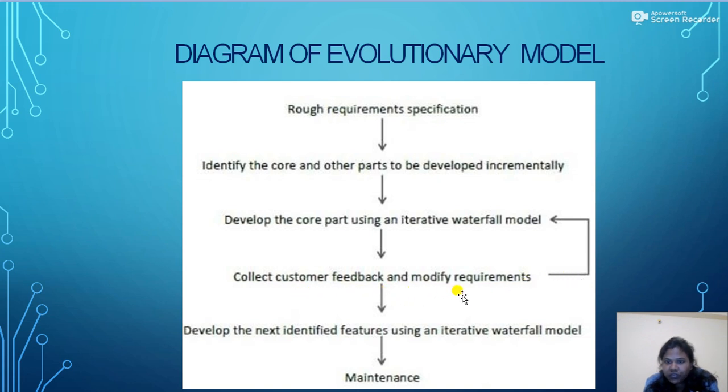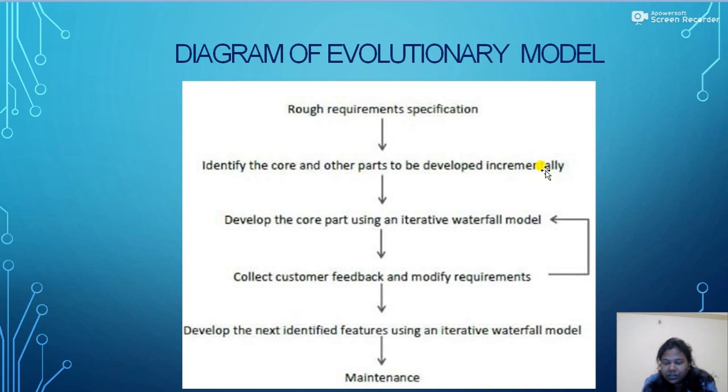If we collect some feedback and modify the requirements, we go back into the process, and iterative wise, loop wise, we reconsider it, redesign it, and again deliver it to the customer. That's why this is totally the iterative waterfall model concept.